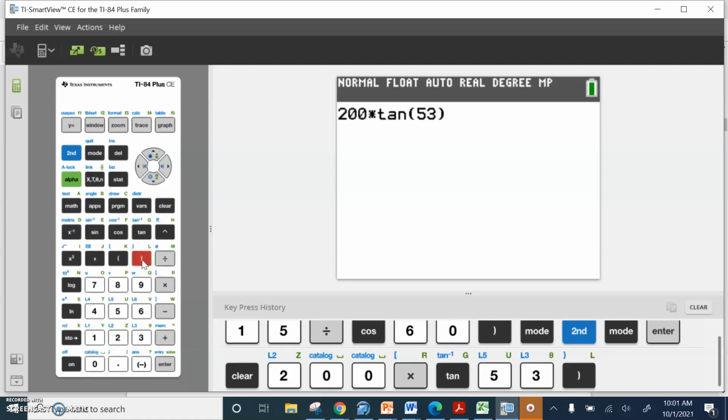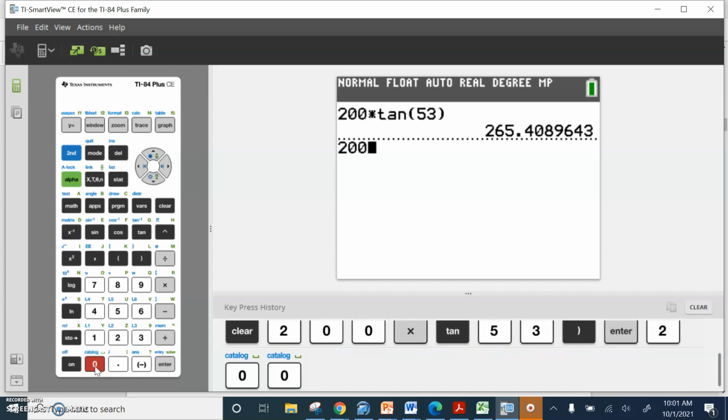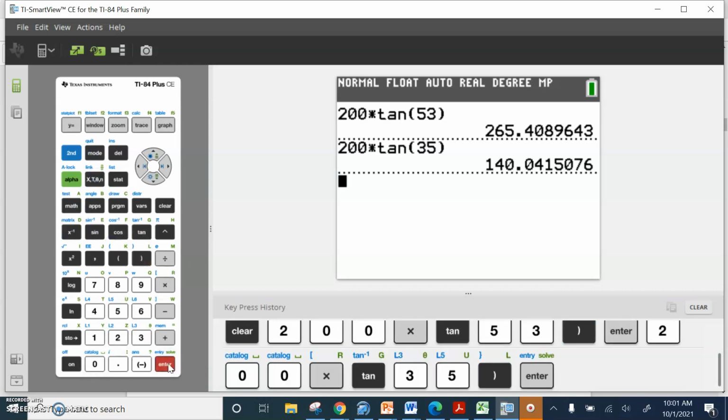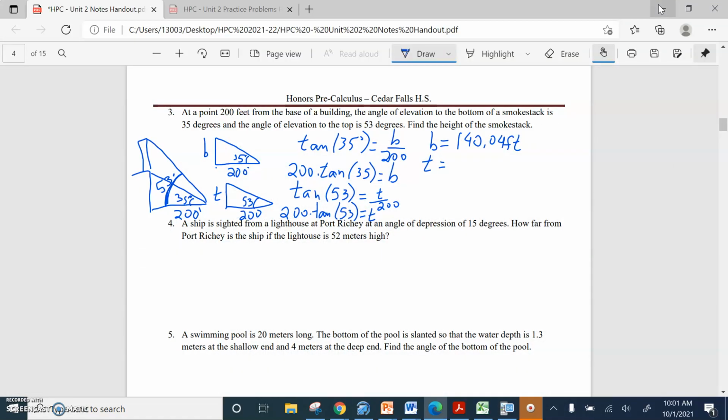I haven't changed anything about my calculator, it's still in degrees mode. I type that in, I get 265.41. Just so you guys can see it, 200 times tangent of 35 degrees, that was the 140.04. So the next one is 265 feet.